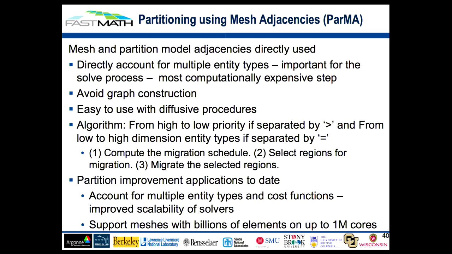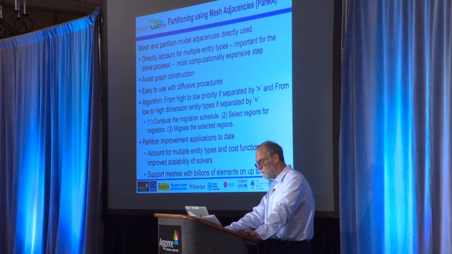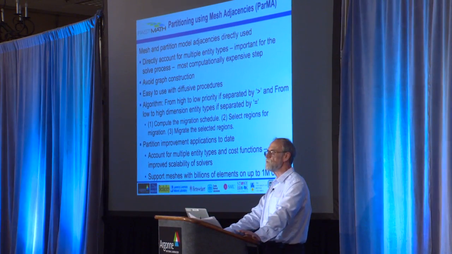The tool that I mentioned, this Parma tool, partitioning using mesh adjacencies, was driven by an observation that with the graph-based partitioners, we were distributing the elements to load balance those, but in fact, when we went into the solution procedures, what's important is the distribution of the equations.